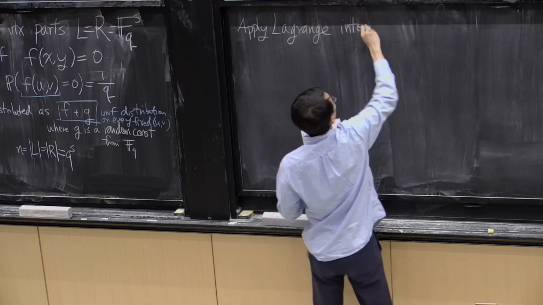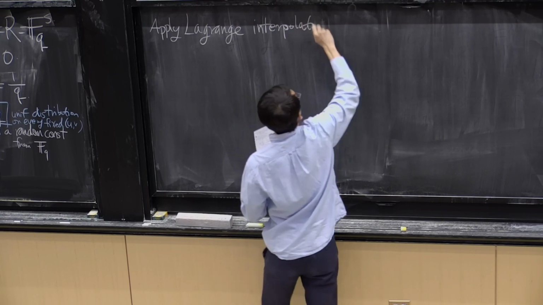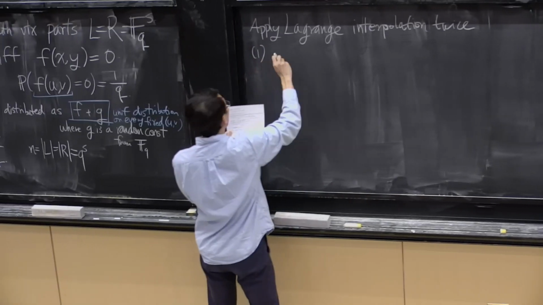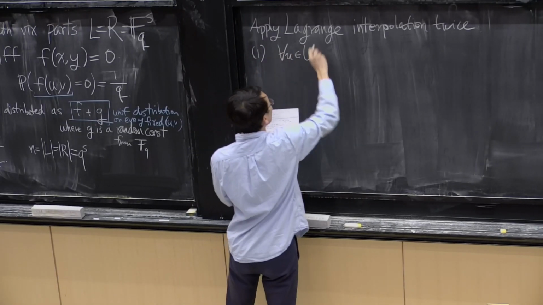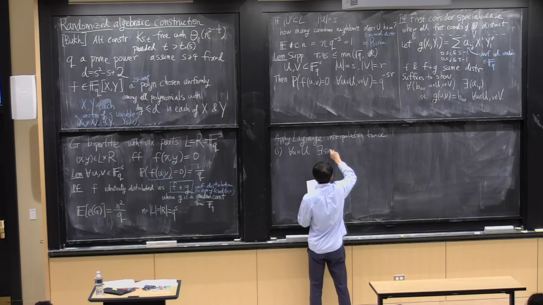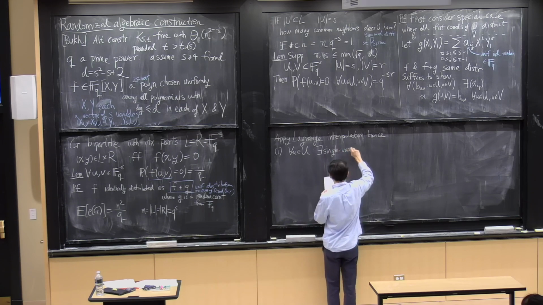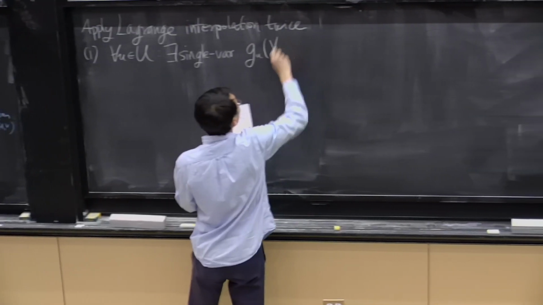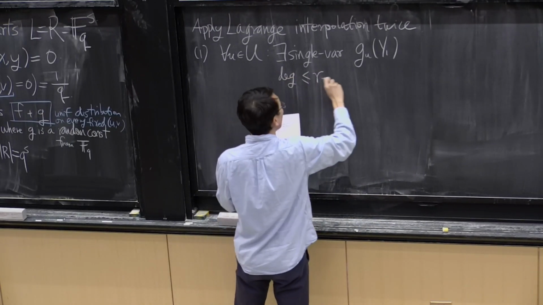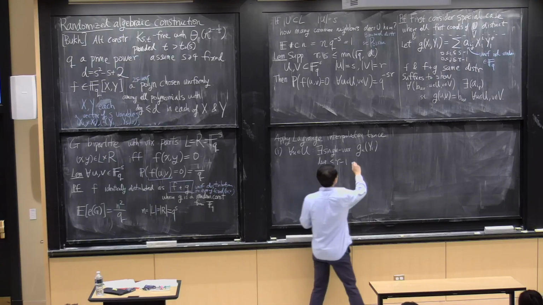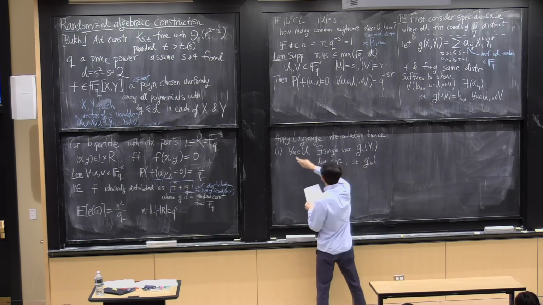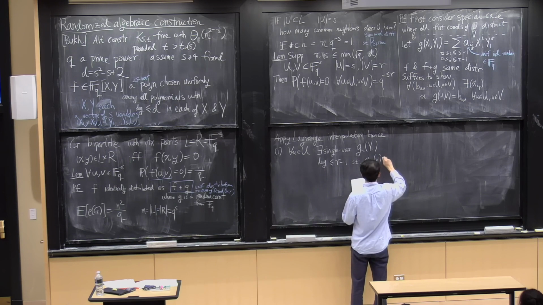So the first time, we'll see that for all values of u, there exists a single variate polynomial in the y variable with degree at most r minus 1 that evaluates to the correct values on the fixed little u.